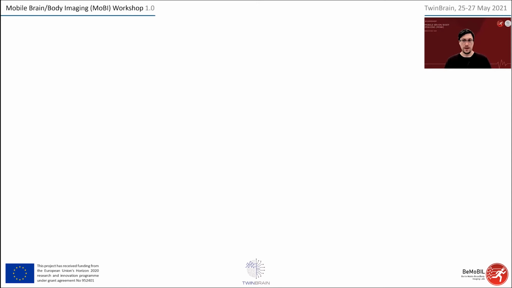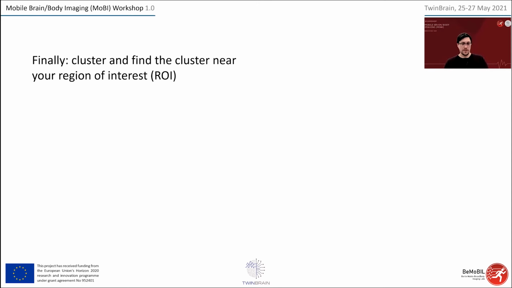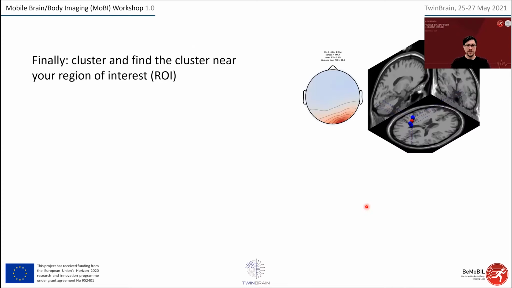And then the last part is that we do the clustering, and then you find the cluster near your region of interest. Let's say in this case, you are interested in the visual processing of a stimulus, which is here the right V1 area, and you have these clusters. In this case, it's only 4 ICs. Don't worry, this is correct because we only have 4 participants in this study.